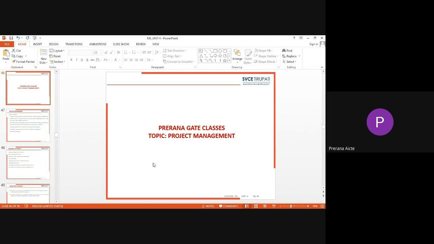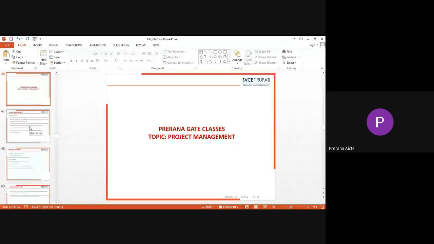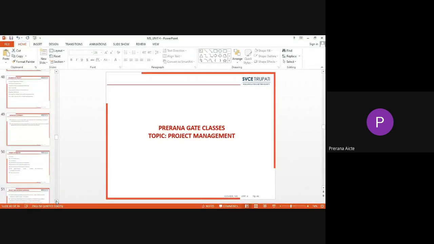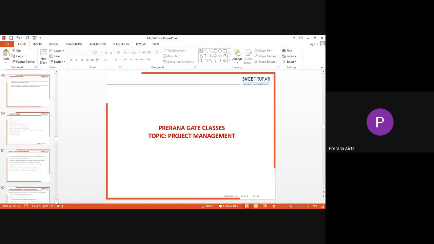So these two things we'll try to discuss in depth such that they are useful for the preparation of this GATE examination. Here, as we see, the project management topic has a very vast history.